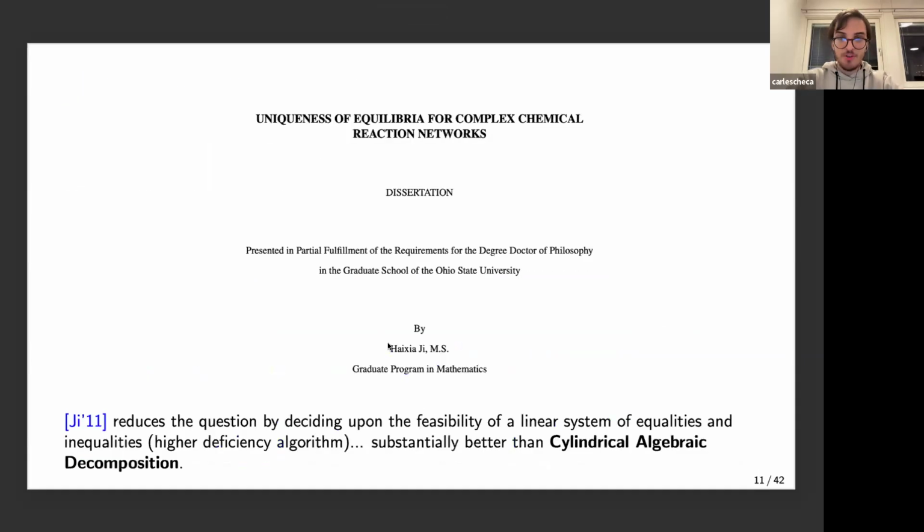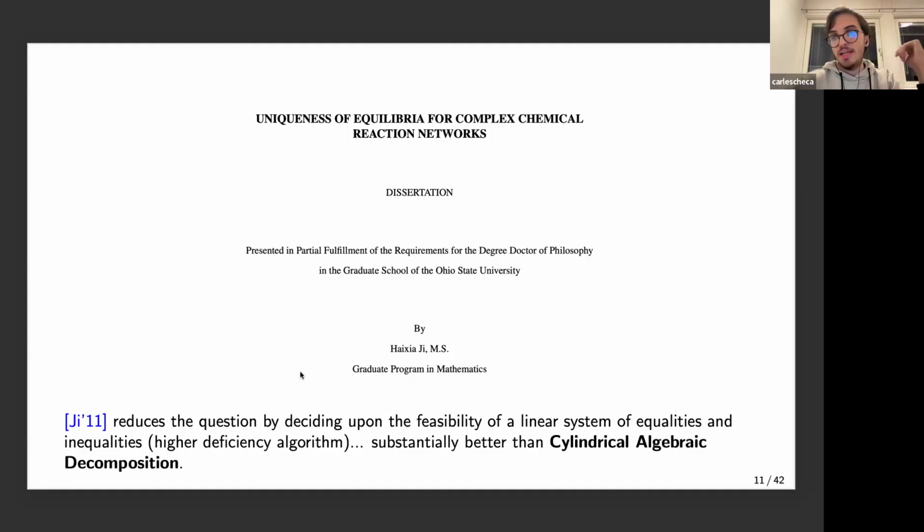So in this line of reducing it to a linear system of equalities and inequalities, there's a theory that showed up especially in the thesis of Hayashi in 2011, but also in other works of some students of Feinberg, that they called higher deficiency theory or higher deficiency algorithm, in which this reduction is done in higher generality than in the deficiency 1 case, right?